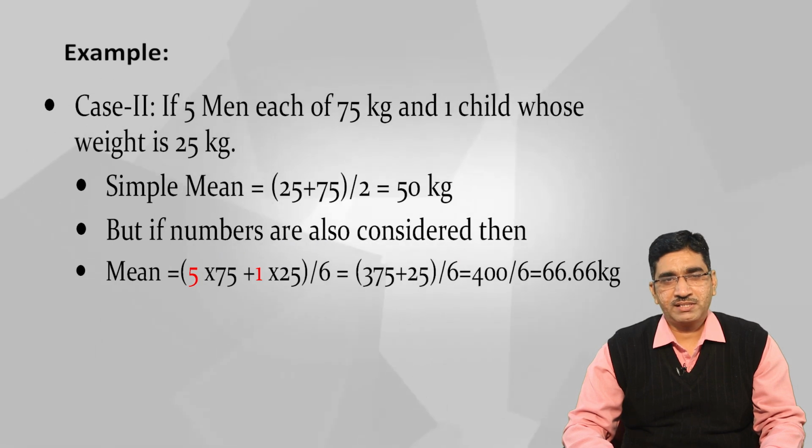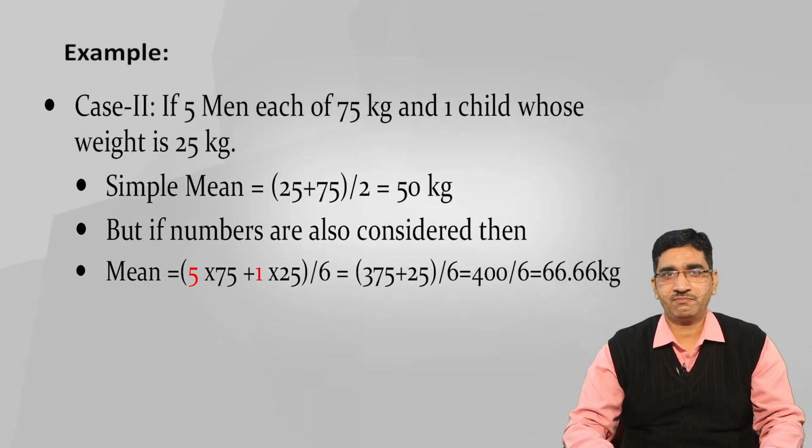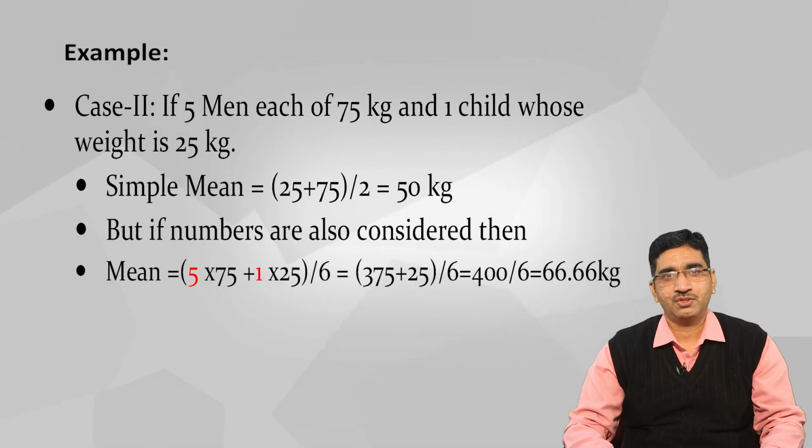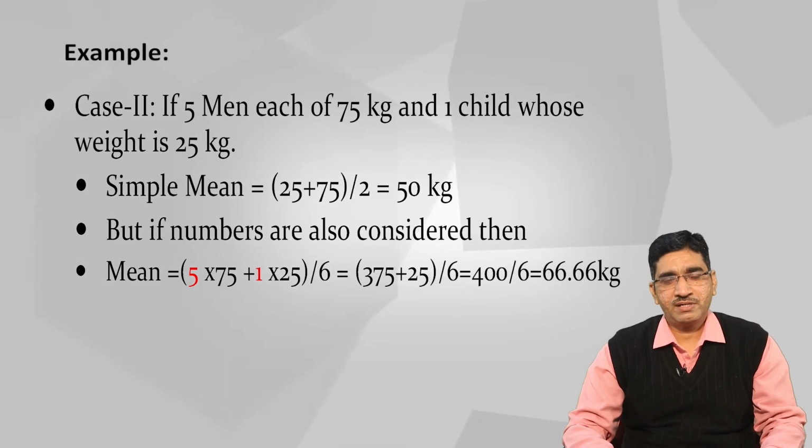If we take the second case, 5 men each of 75 kg and one child whose weight is 25 kg, the simple mean is again the average of these two weights, that is 50 kg. But if numbers are also considered, we multiply 5 by 75 plus one child whose weight is 25 kg, so 1 multiplied by 25.